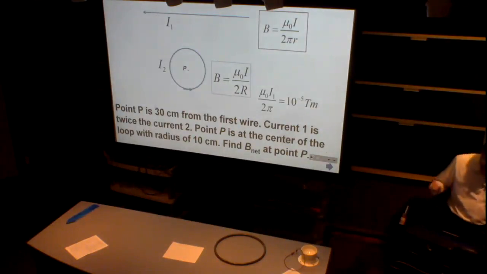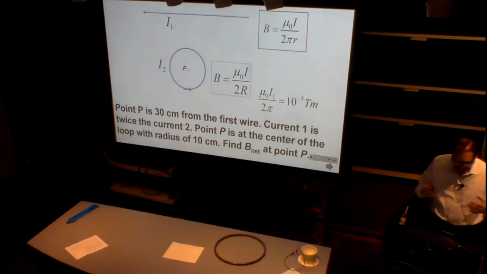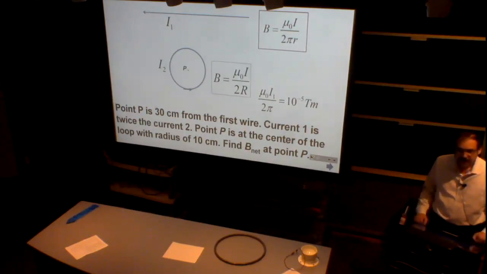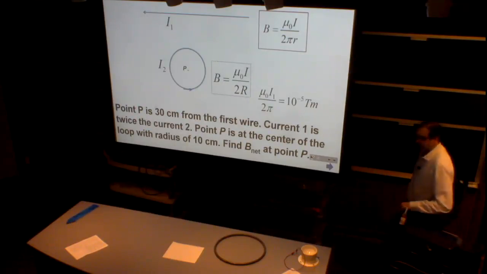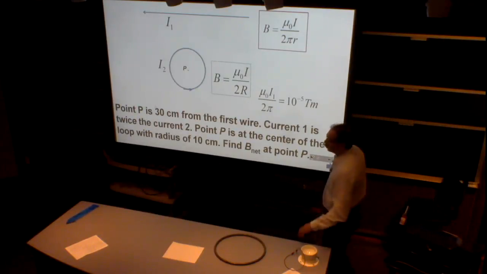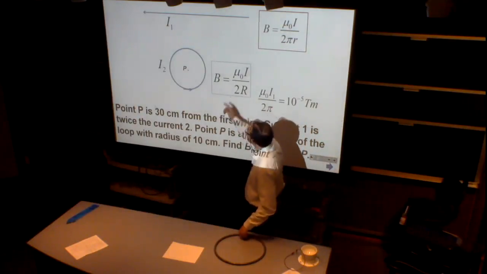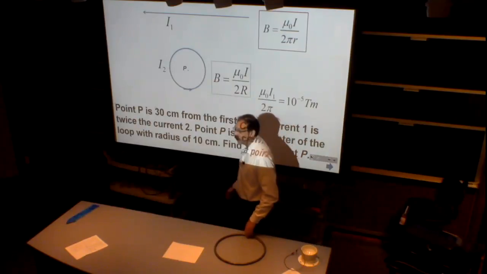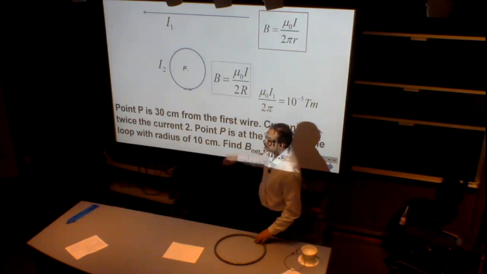Now we can solve a problem. Please read, act, solve. We have two sources of magnetic field in this situation. One source is the long straight wire with electric current directed to the left.